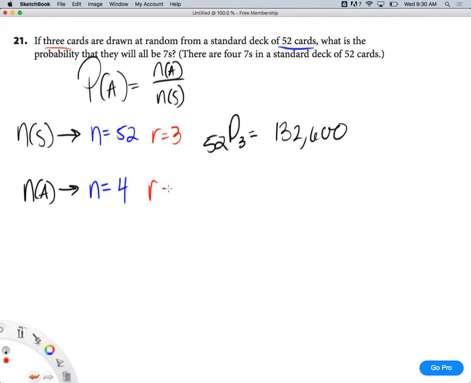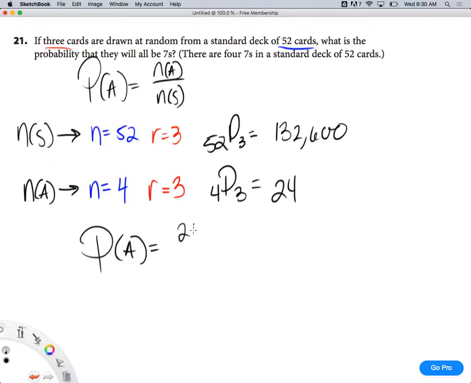And what's r in this case? 3, because I'm only choosing 3 cards. 4P3 is 24. Probability of A equals NA, which is 24, over NS, which is 132,600, which is 0.000181. Does that make sense?